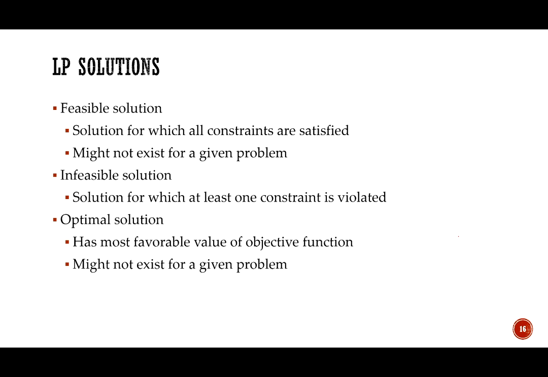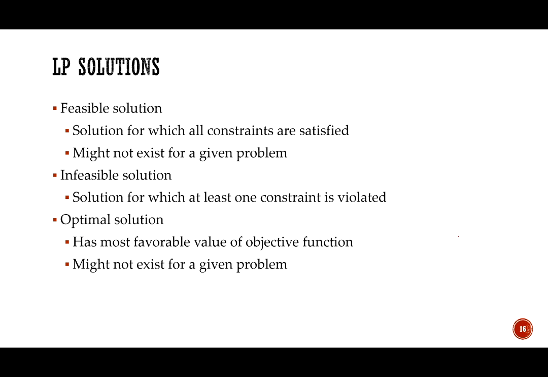The way that the constraints are defined makes it impossible to have feasible solutions. We can also have infeasible solution, just like what I discussed right now. So solutions for which at least one constraint is violated.